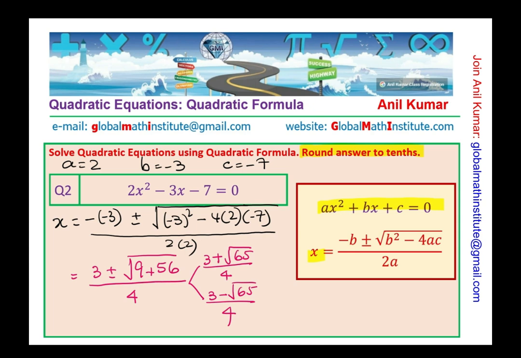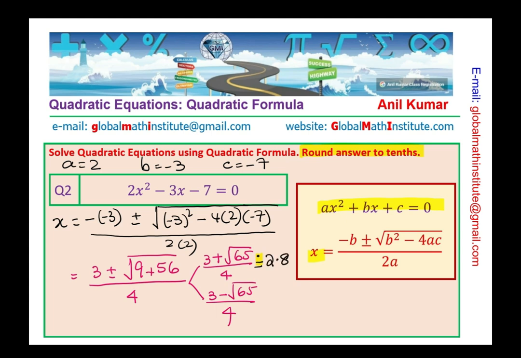So let's calculate, okay? So what we have is square root of 65, and we have to add this to 3, right? And then divide by 4. So the decimal value is 2.76, right? So we could write this as equal to 2.8.